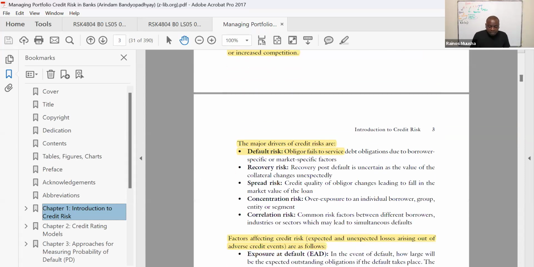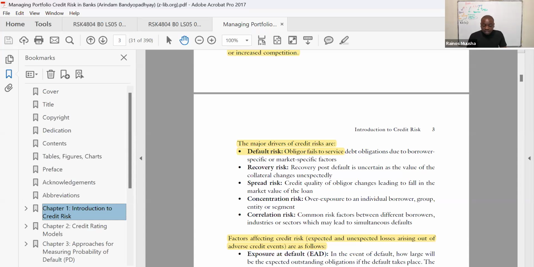So here they say major drivers of credit risk are. If ever they ask you for the major drivers of credit risk, the first one is default risk. Default risk is where the obligor fails to service debt obligations due to borrower-specific or market-specific factors. Remember we said the debt obligation can either be the payment of interest or the payment of the principal amount.